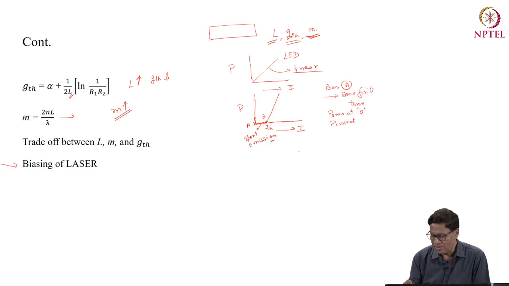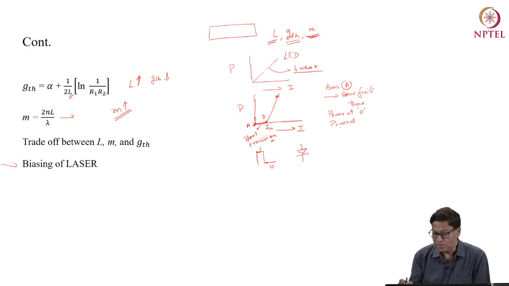When you are modulating your laser diode with some 1 0 1 0, whenever there is a 1, it is emitting this amount of power or whatever maximum power, and whenever it is 0, it is emitting this power, which corresponds to point A. The extinction ratio is defined as power at 1 level divided by power at 0 level.